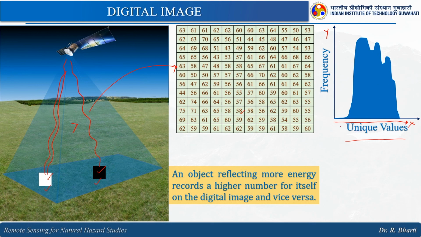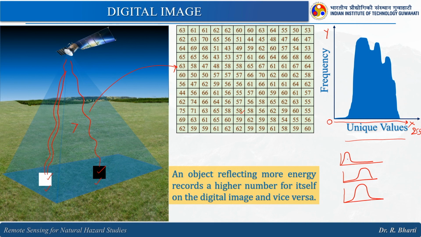This will tell you, let us say the maximum is 255, right, within the given range of the unique values, how the frequency is distributed, whether your histogram is skewed to the left side, or skewed to the right side, or whether it has a Gaussian distribution, right.